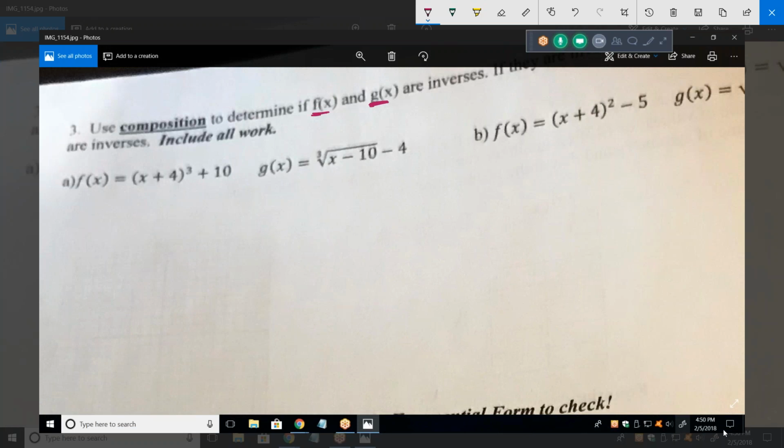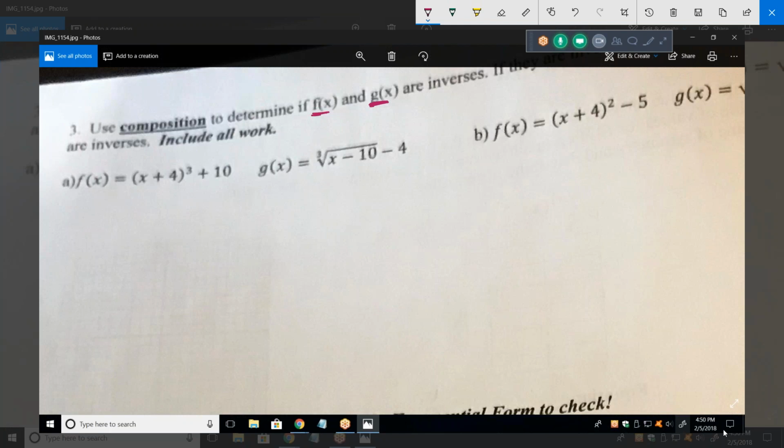If it is, they're inverses. So that's one way. Can you read the rest of the top of that sentence that got cut off? If they are inverses, explain how you know they are inverses. Okay. That means we got to do it the second way.